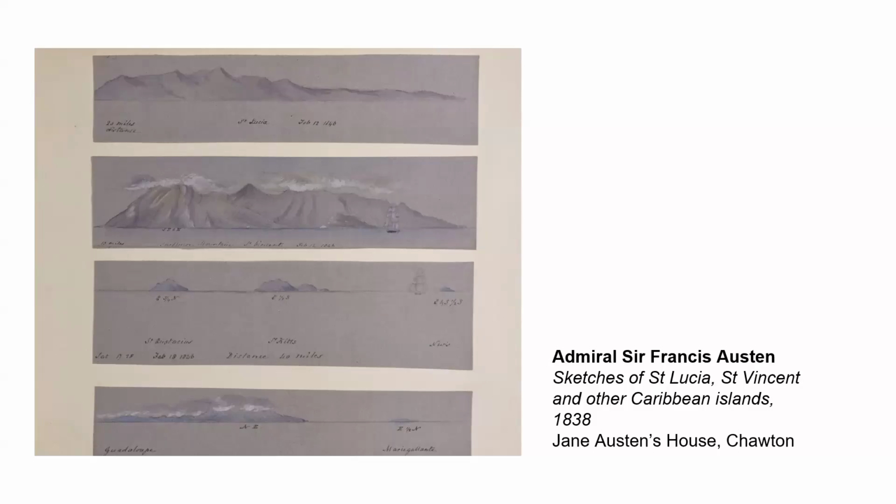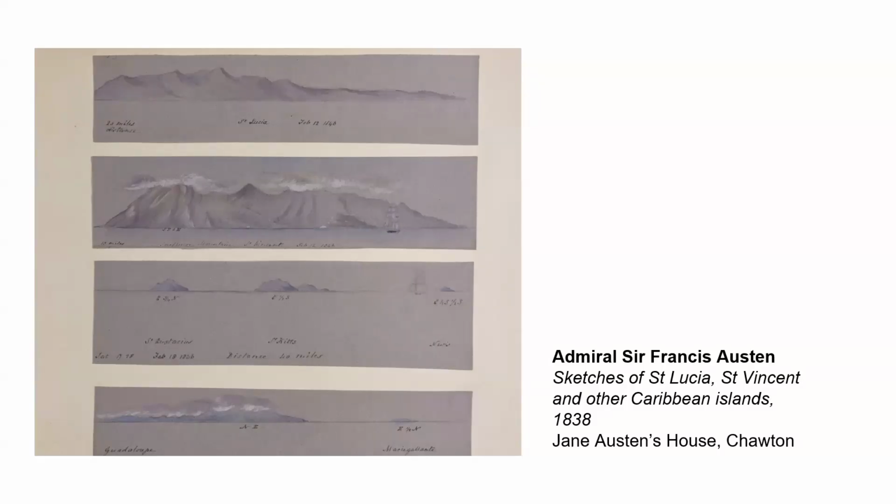And these images include practical details such as distances and compass points as well. And interestingly, sketching was something that all British naval officers were taught during this period as a crucial tool, both in navigation, but also in documentation of the places that they travelled as well.